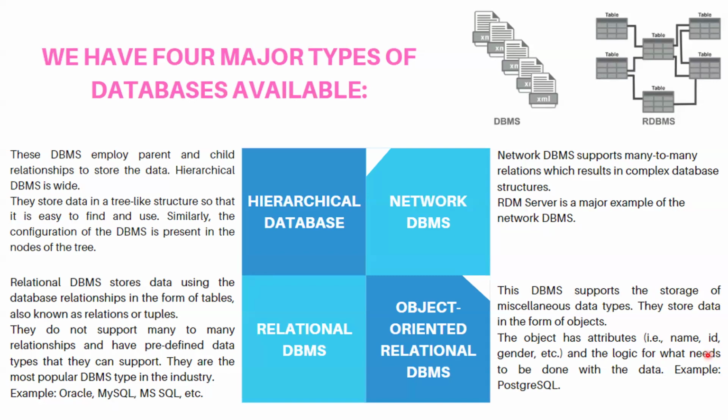If you wanted to store that kind of data, yes, it is possible. That is why we technically call it an object-oriented RDBMS technology, for example PostgreSQL. So these are the four different hierarchies we are using.